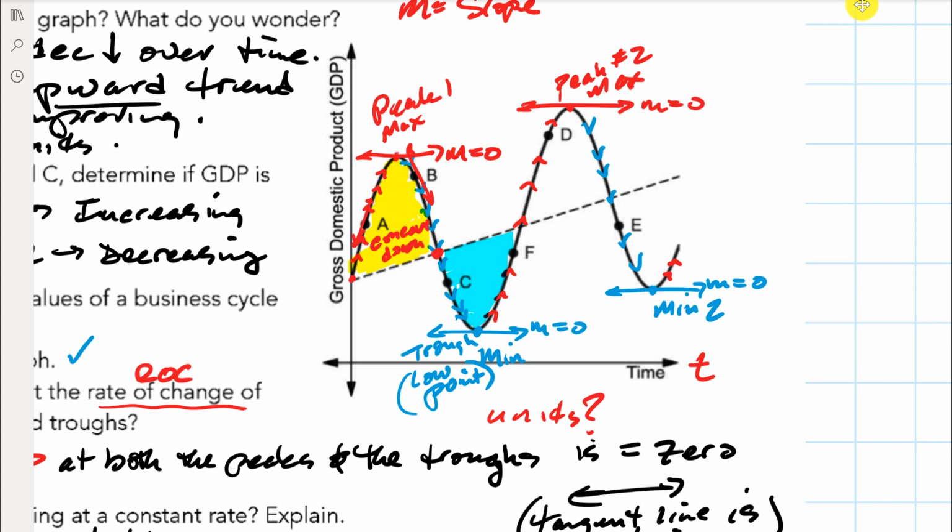So right here, this is IP number 1. Then right here, it's the second inflection point, IP number 2. And this point here is the third inflection point, so we'll call it IP3. So where you see the inflection points, you see a change in concavity from up to down and down to up.